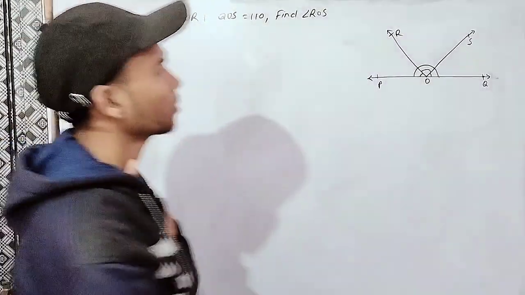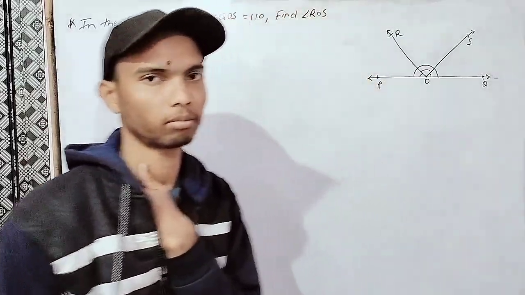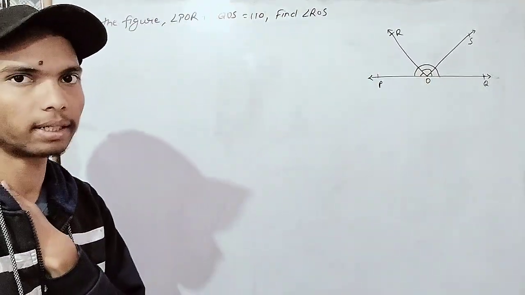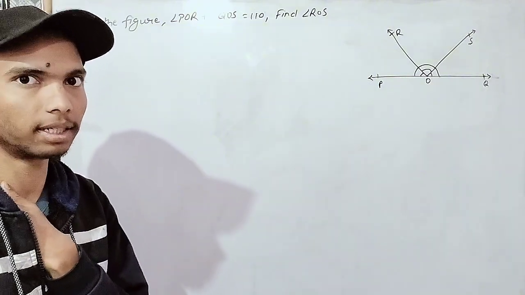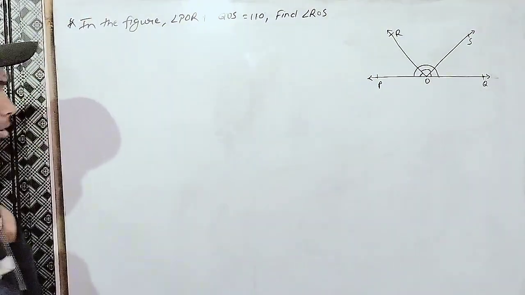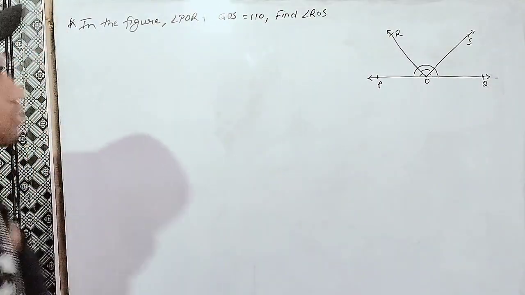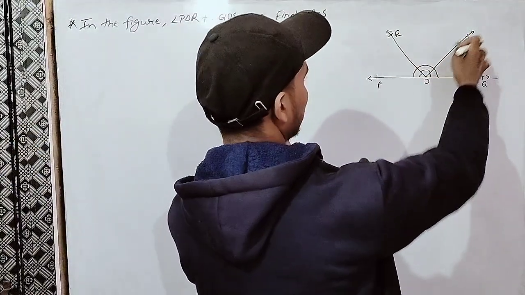No. PQ is a straight line. The sum of these three angles would be 180 degrees. Now, can we say it is a linear pair? We have to find out angle ROS.